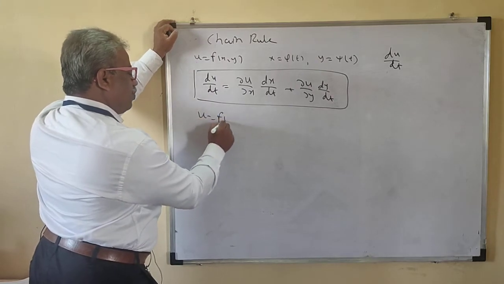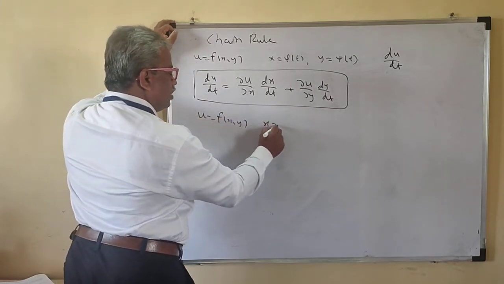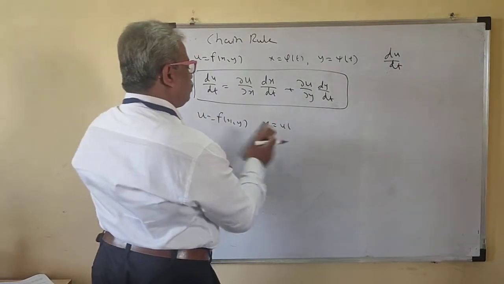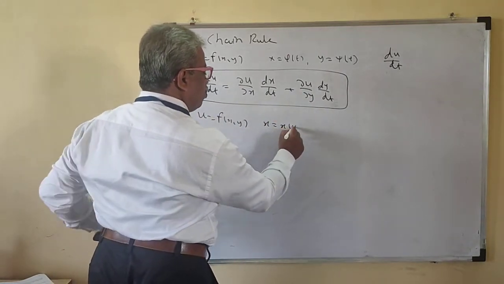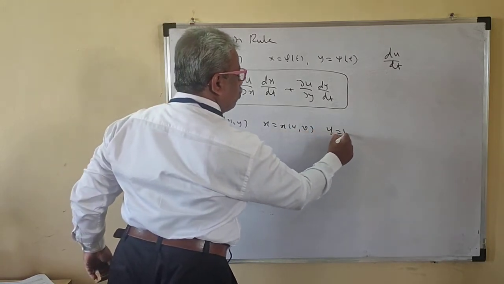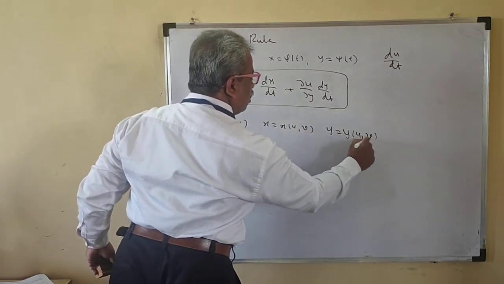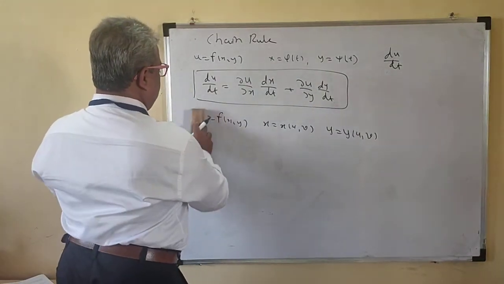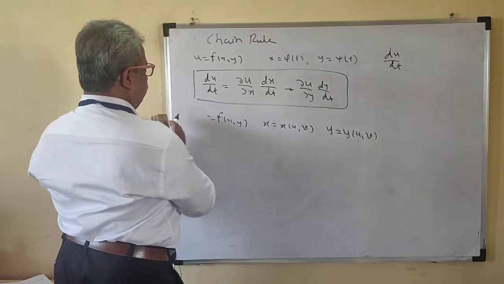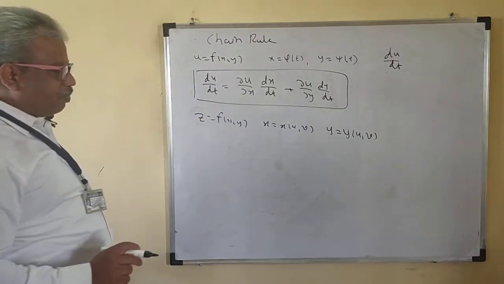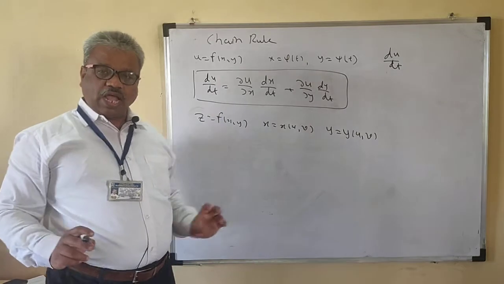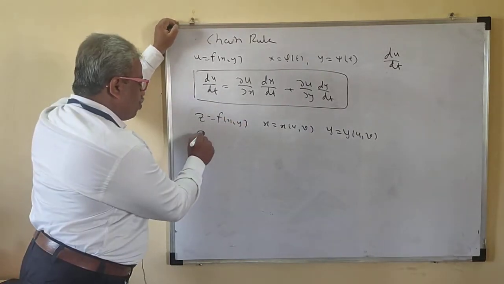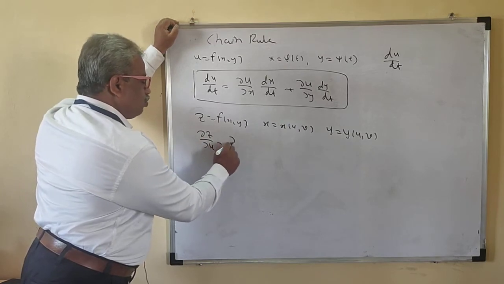If u is equal to f(x,y), and x is a function of u and v, and y is a function of u and v, we'll say z is a function f(x,y), where x and y are functions of u and v. That means z is a function of u and v, and you have to find partial z by partial u.